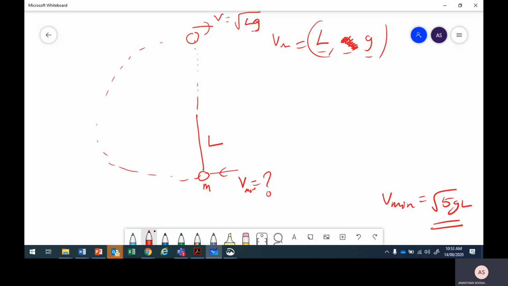That's what we found earlier. Moving in a circle, the minimum speed at the top is root of LG. So when you push it down and it goes to the top, you should have that minimum speed, root of LG. If not, you're going to fall down. Root of LG must be in your mind as the top speed. What is the bottom speed that can lead to a top speed of root of LG?